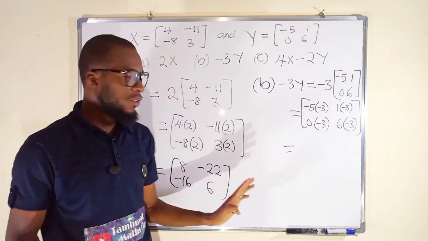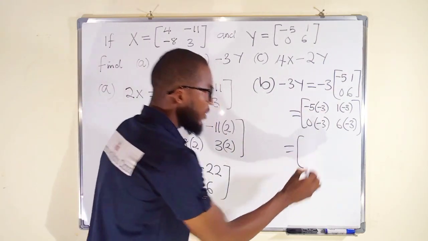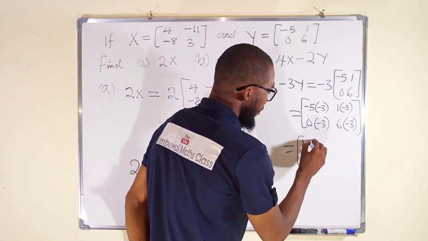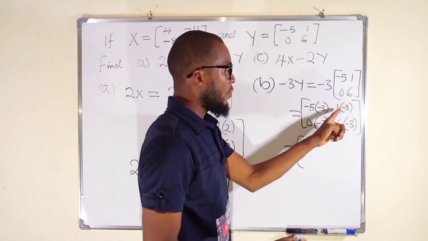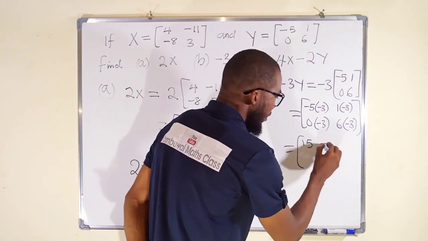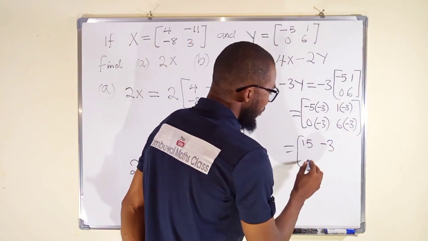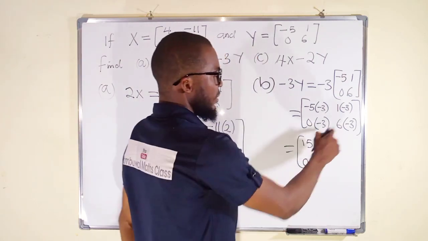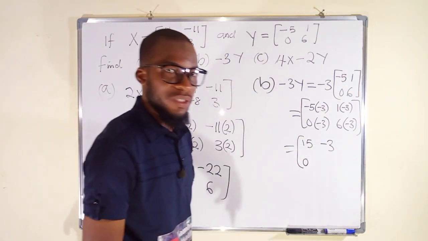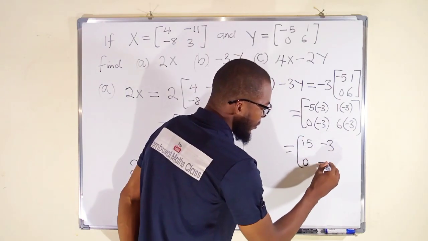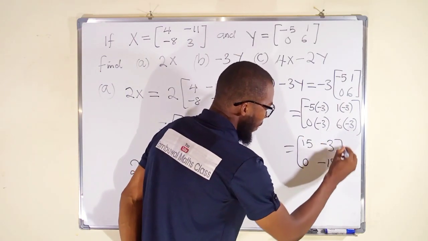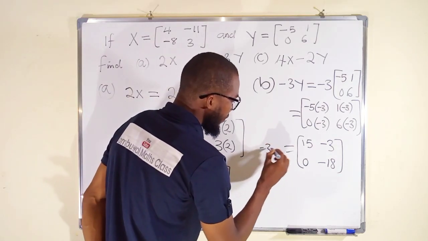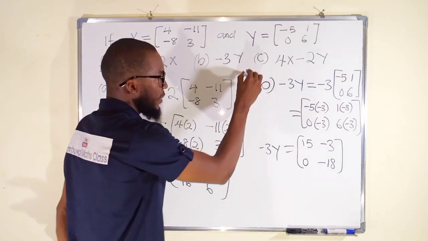Negative negative will change it to positive. 5 times 3 is 15. 1 times negative 3 is negative 3. 0 times whatever there is 0. 6 times 3 is 18, but we have a negative sign, so we have negative 18. And this is our required solution for negative 3 multiplied by y.